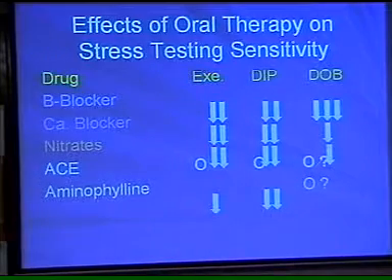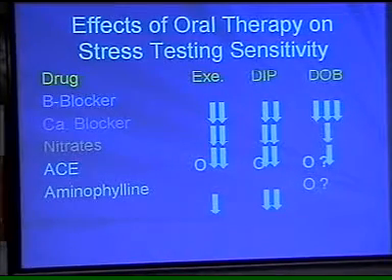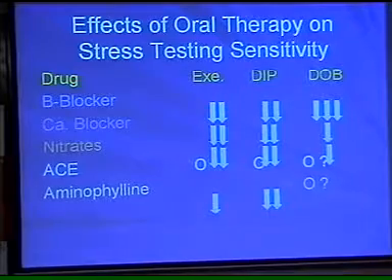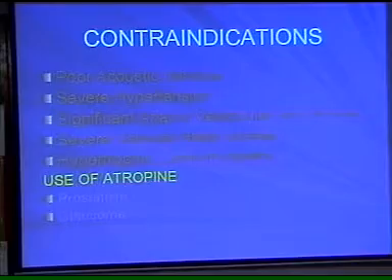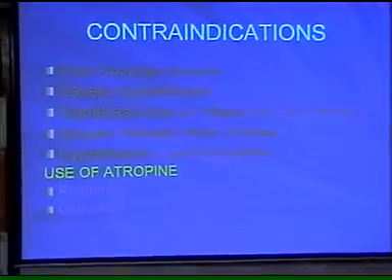The rest of the things are less important, so if the patient is taking these medicines, it is immaterial. Contraindications: poor acoustic window, severe hypertension, significant atrial or ventricular arrhythmia, severe valvular heart disease, hypertrophic cardiomyopathy, and obviously use of atropine. When you use atropine, obviously it has its own complications.